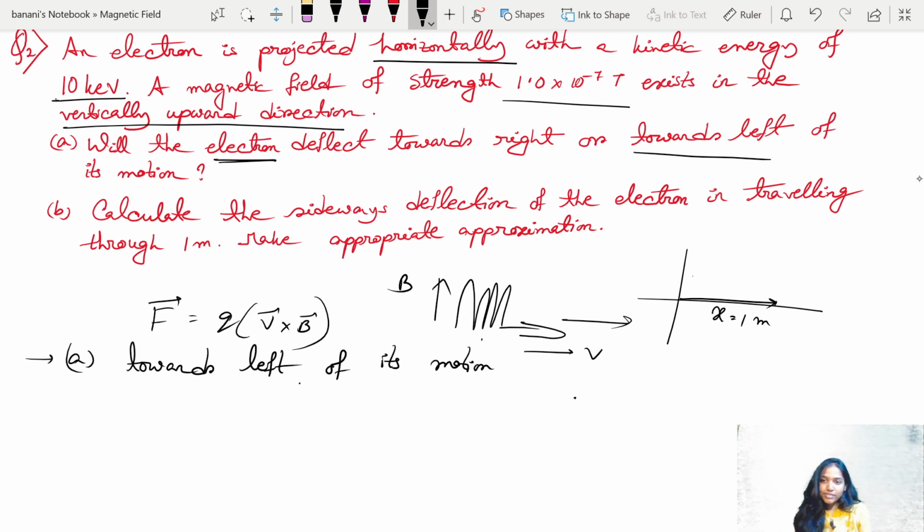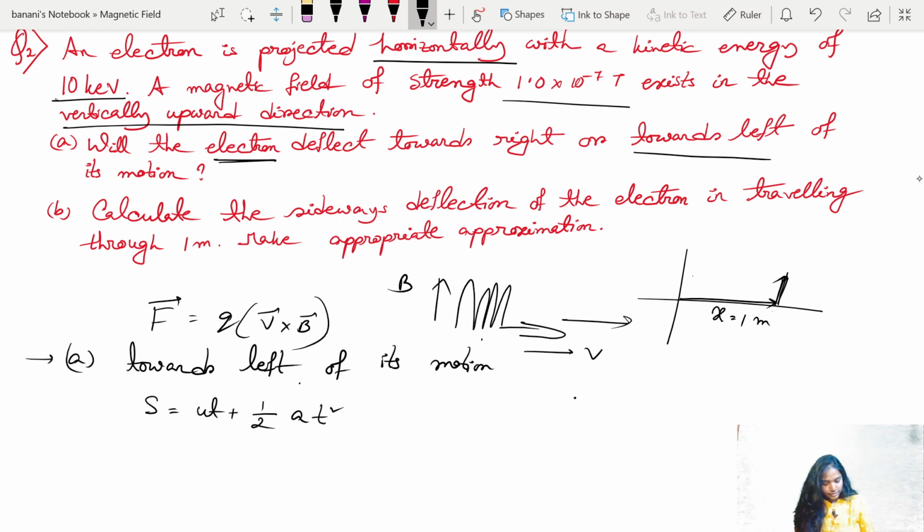That means if the sideways deflection is like this, how will it deflect? For sideways deflection, we can calculate by using the formula S equals ut plus half a t square, right?